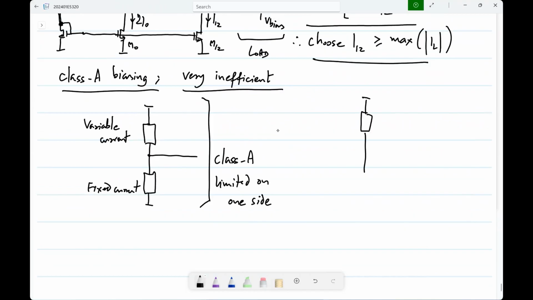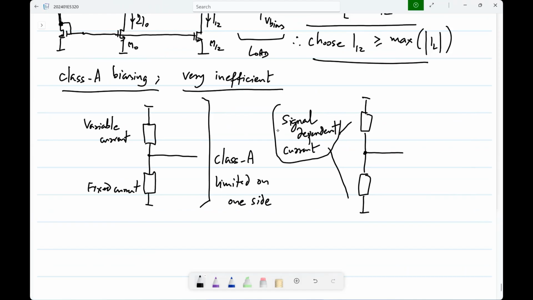But if you have signal dependent current on both sides, then you can potentially not be limited like this, at least not be hard limited like this.